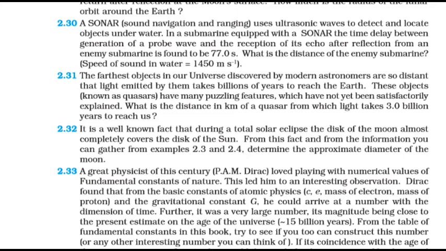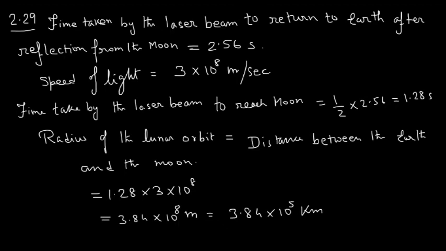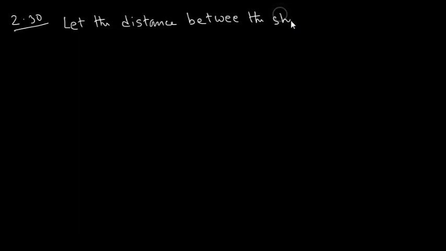So we can write 2.30. Let the distance between the ship and the enemy submarine be s.